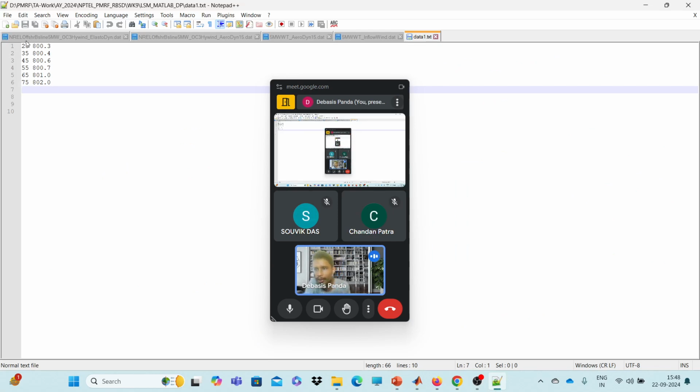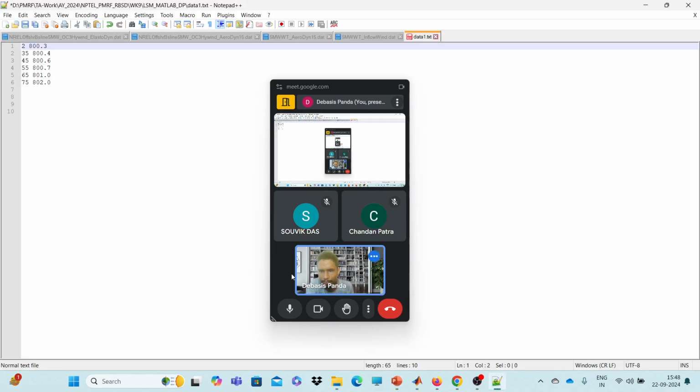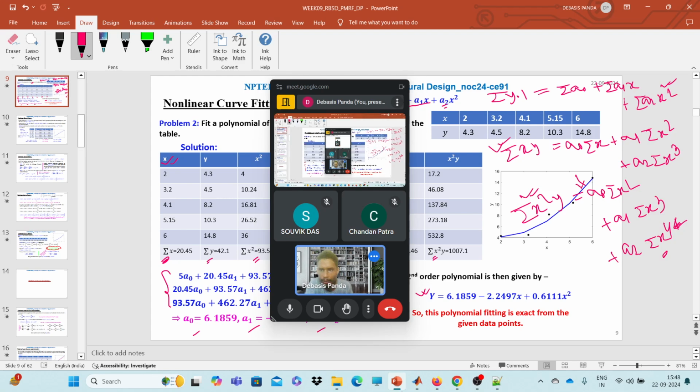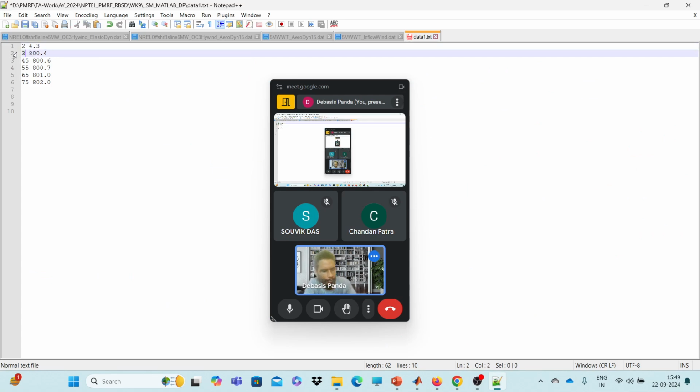Instead of 2, corresponding to 2 we have 4.3. Now the second data set, 3.2 and 4.5.